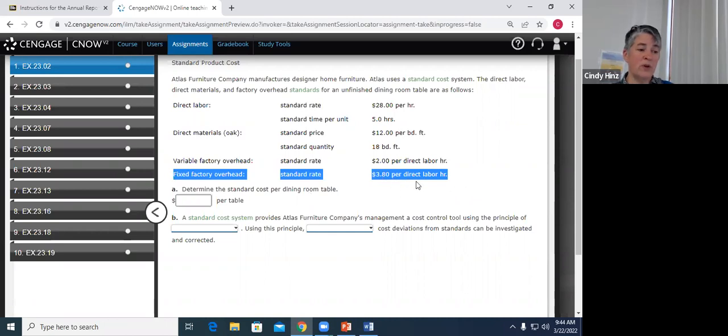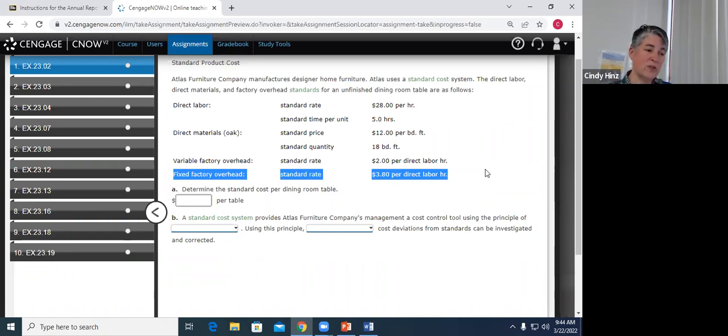And so if we produce more or less, we'll have a volume variance, and we'll also have a spending variance, in that our total factory overhead may be different than what we had expected or budgeted. So again, 4 different costs: direct labor, direct materials, variable, and fixed overhead. Each one of them will have 2 different variances associated with it.